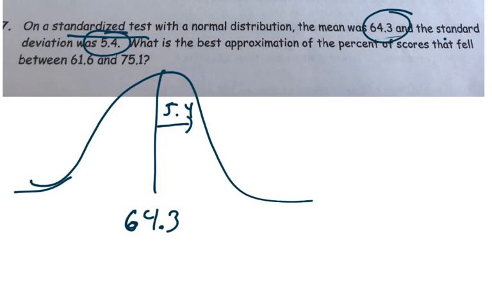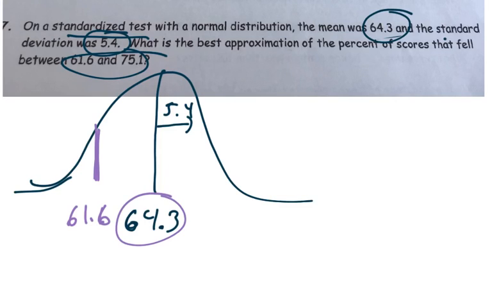Actually, let's just pretend that these values are not perfect whole number intervals. It's a regular normal curve problem. Let's go ahead and do the z-scores for each one. Does everyone, by the way, agree somewhere over here is my 61.6? It's below the mean of 64.3.